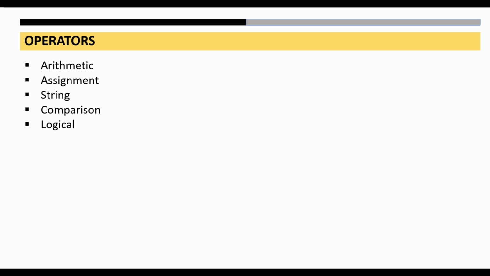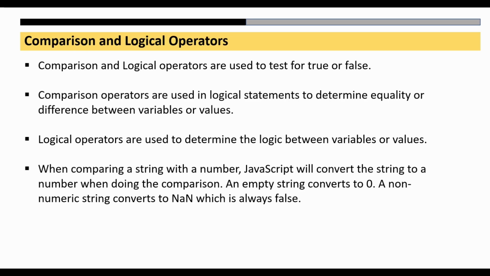Now we have two more operators, the comparison and the logical operators. As the name suggests, in comparison we are going to do some comparisons, and logical means we are going to do some logical operations around the operands. Comparison and logical operators are used to test for true and false conditions. For example, x equal to y checks whether two values are equal or not.